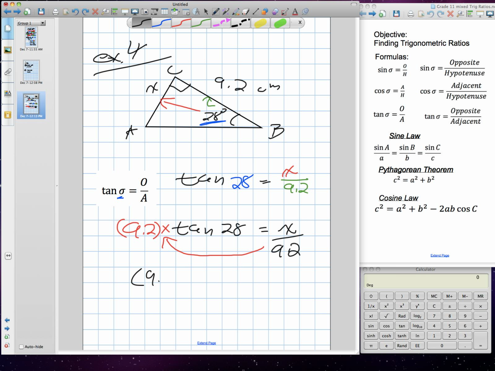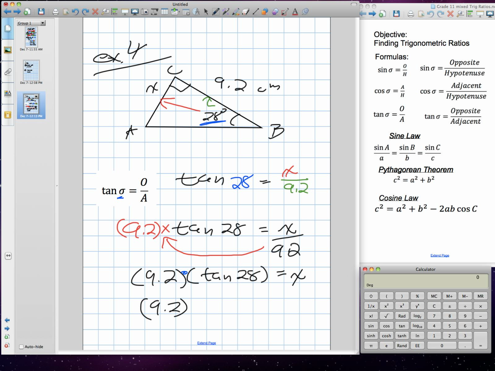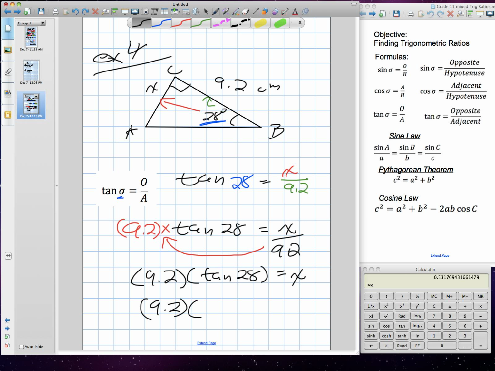I'm going to figure out what tan 28 is. Okay. 28 tangent. No, because that's division. And when you move it to the other side, the opposite sign is multiplication. That's if you're adding and subtracting, it switches. Okay, so our number here is technically 0.5317, and it keeps going, is equal to x.